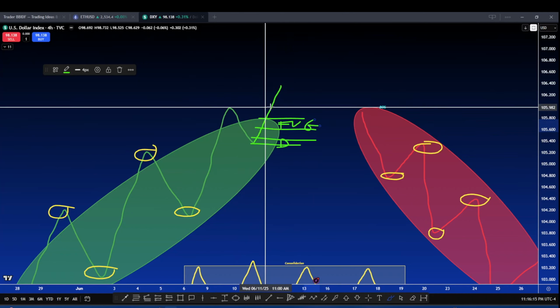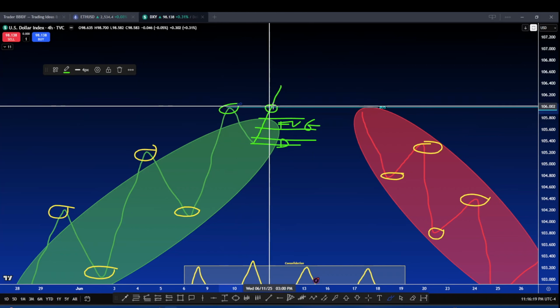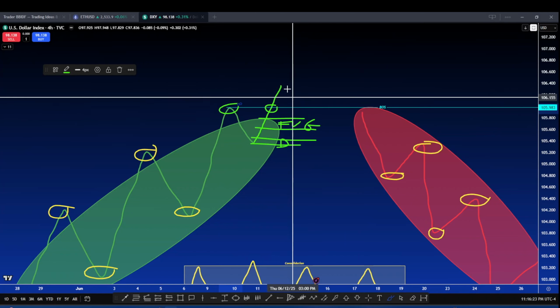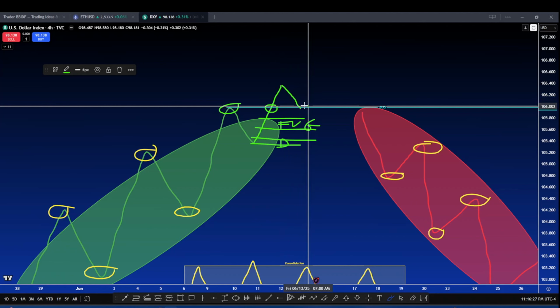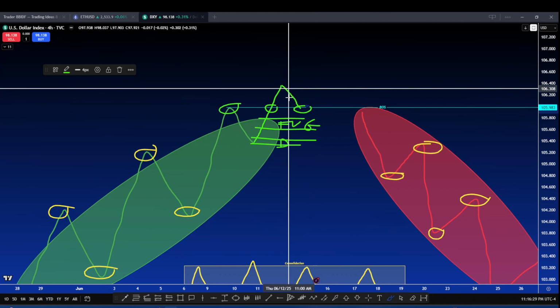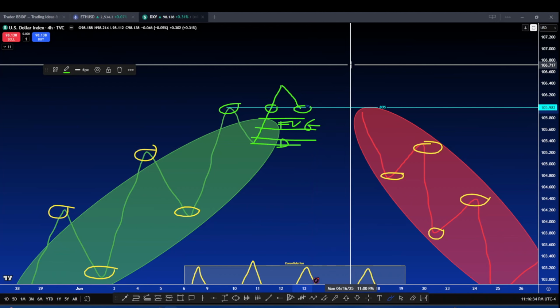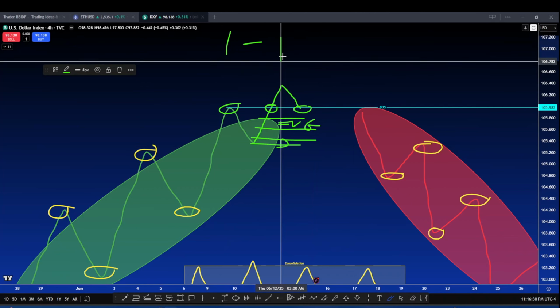And then the area that we broke, when we broke this high, that's where the break of structure happened. And typically you'll have price come back to retest that area that it broke. So these are the 3 points where price most likely will pull back to before it begins to rise again.